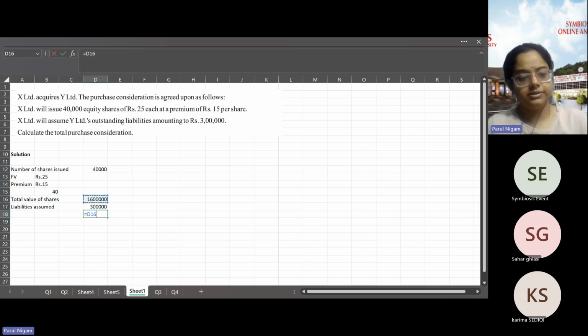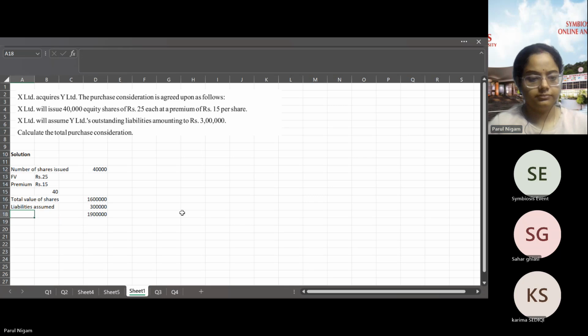So your total purchase consideration comes out to rupees how much? It comes out to rupees 19 lakhs. Okay, so that is your total purchase consideration.